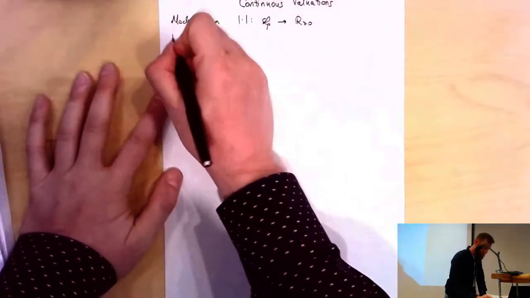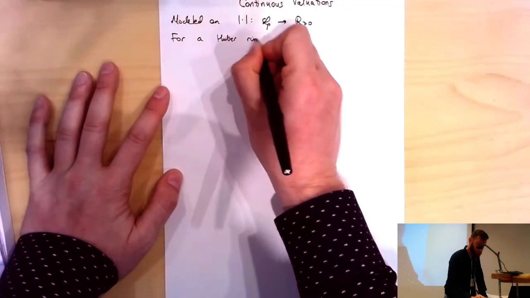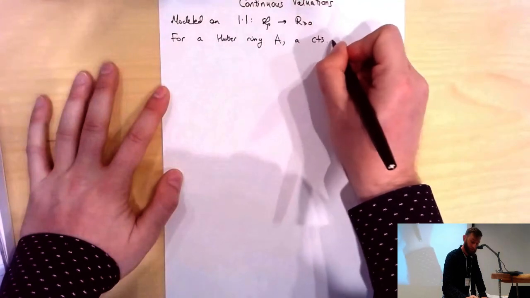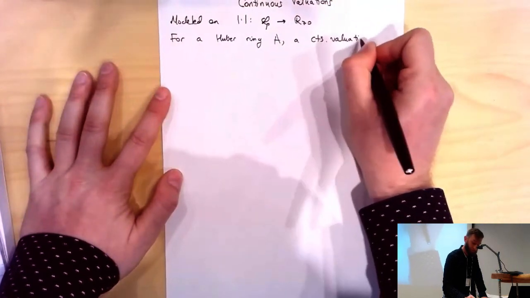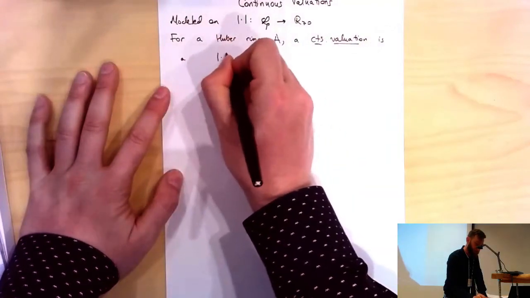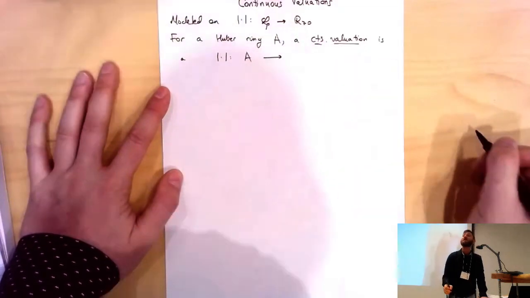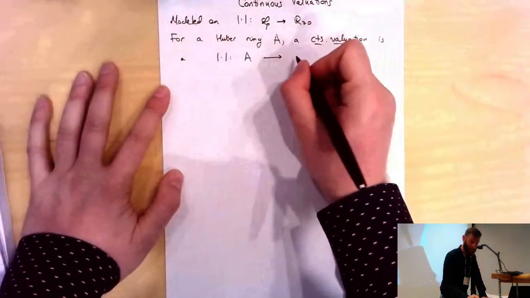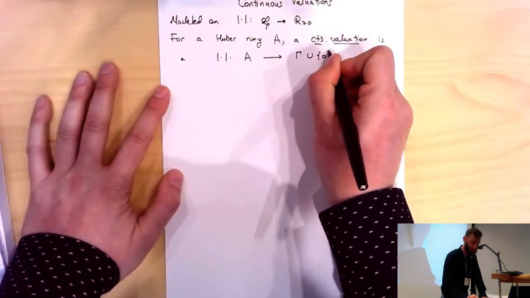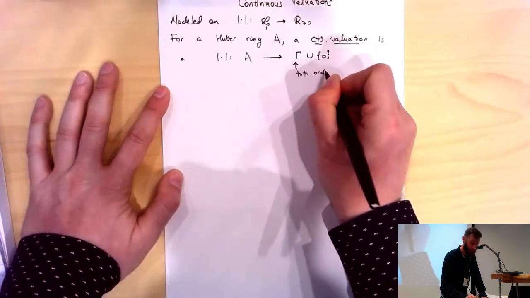So here's the definition. For a Huber ring A, a continuous valuation, well, it's a function, which I might write as an absolute value like this, on A, and the codomain of this continuous valuation, I'm going to write it this way: gamma union 0, where this gamma is a totally ordered abelian group.